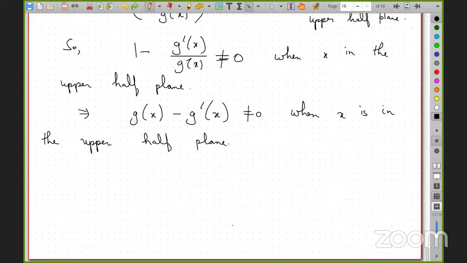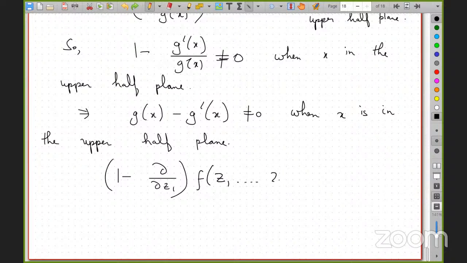Which means that 1 minus del z1 of f(z1, ..., zn) is not equal to 0 in the open upper half plane.